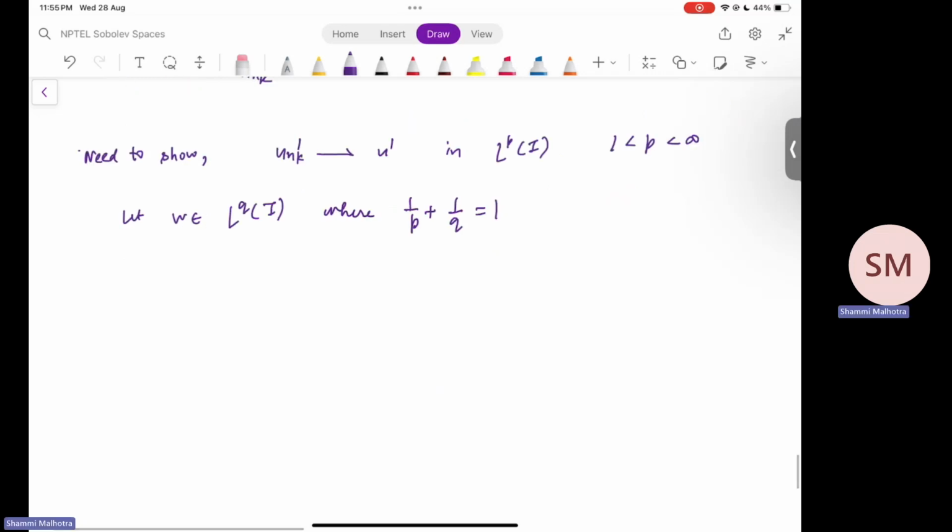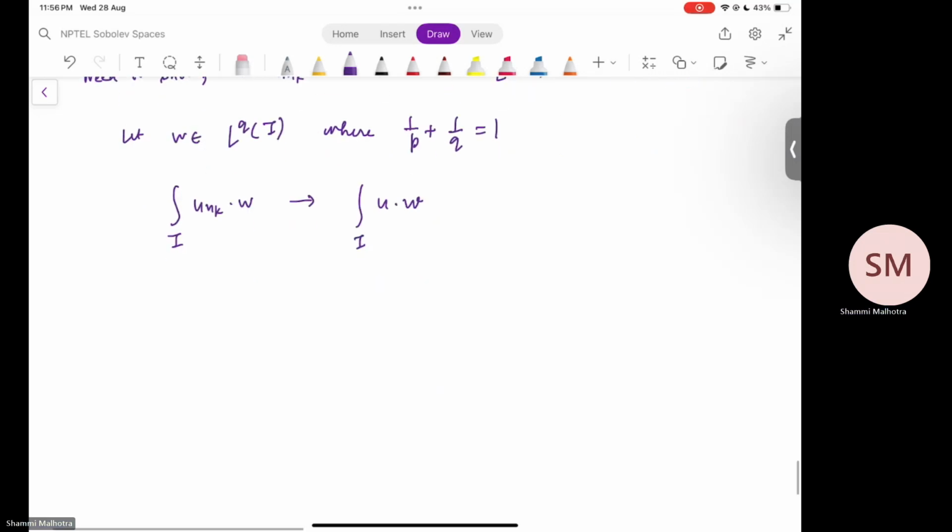And so to show weak convergence, we have to show basically that the integral over I of u_{n_k}' times w converges to the integral over I of u' times w. So how do we show that?